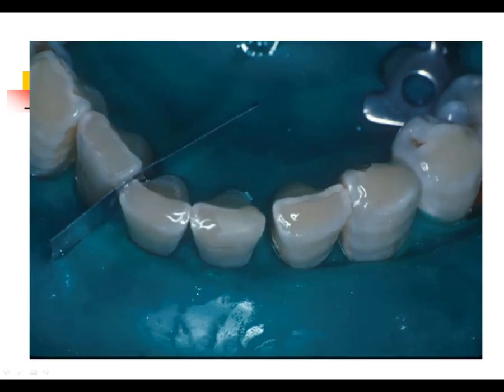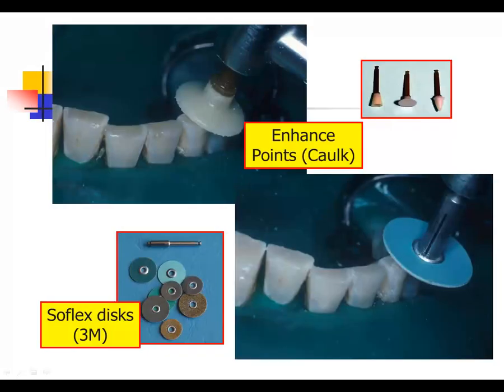Once the composite's been placed, I then place my light at right angles to each restoration as close as possible, and I light cure each restoration for 10 seconds. I'm light curing the adhesive and the composite simultaneously. I then polish the composite. I can use discs, and in this case I'm using an enhanced finisher followed by a soft flex disc.